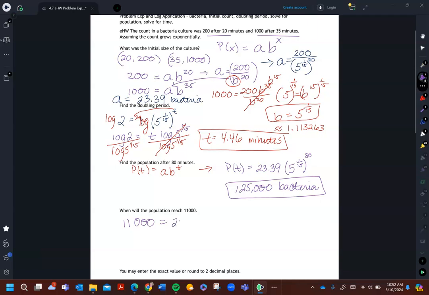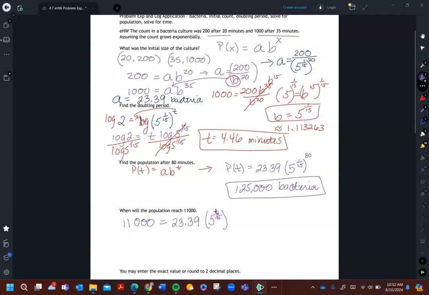Then my A is 23.39, my B is the 5 to the 1/15th, and then my T is the unknown. Again, I could really write it as just T over 15, make it a little easier.